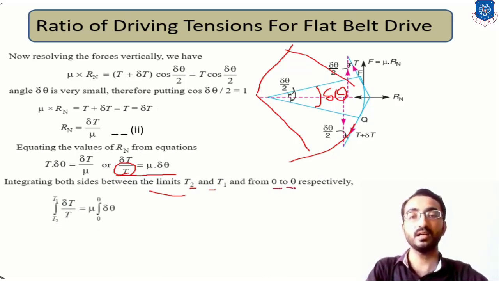So by putting these limits, the integral from T1 to T2 of delta T by T is equal to mu, considered as a constant, into the integral from 0 to theta of delta theta.